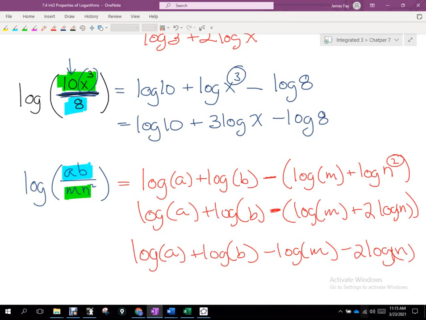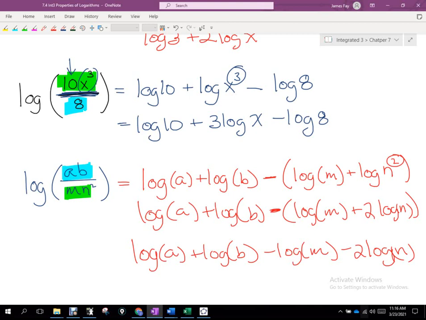You can write it the way we did here, as minus this product, which is the product of M and N squared, but turns into subtracting this sum, and then you can distribute that through. But what do you notice? Everything that was in the bottom now has a minus sign attached to it, right? So if you want to go straight from this, A, B is a sum. And then because M and N are on the bottom, I know I'm going to subtract M and then subtract N. You can do that.